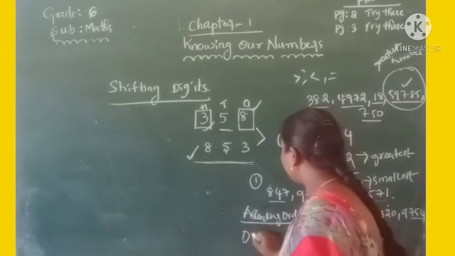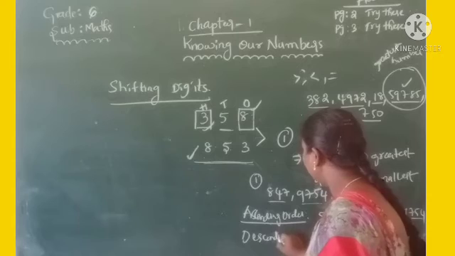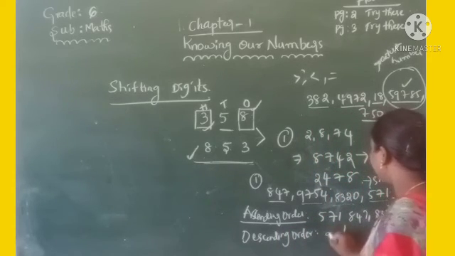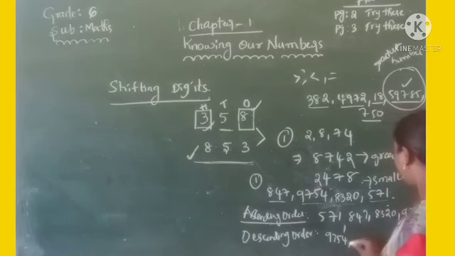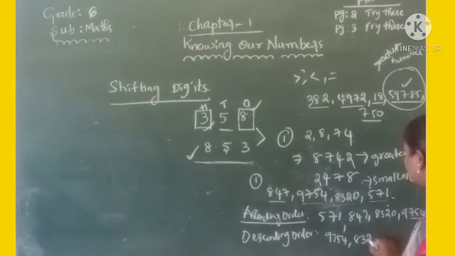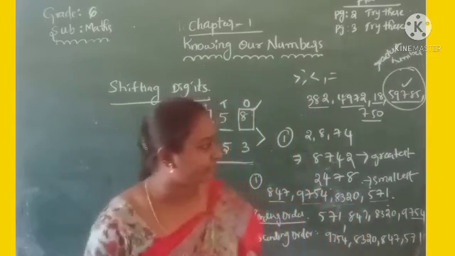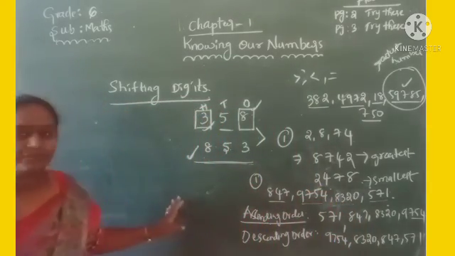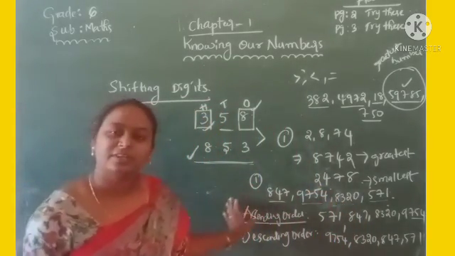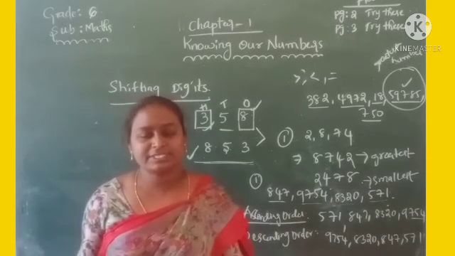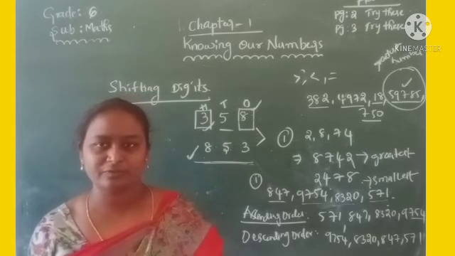Descending order, that is 9754, 8320, 847, 571.